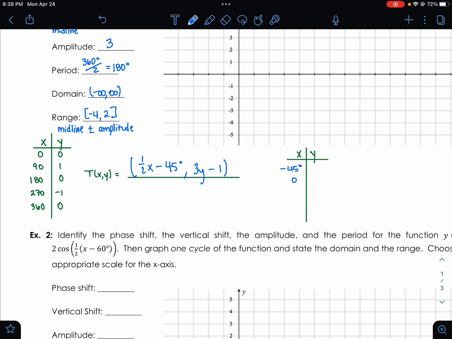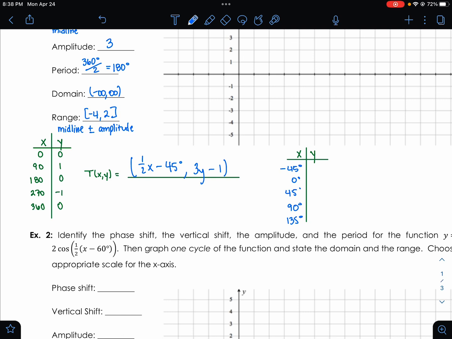Then you're going to subtract 45 from that, you get 45. Half of 270 is going to be 135, and then you're going to subtract 45 from that, and you're going to get 90. And then finally, you're going to take half of 360, that's 180, and subtract 45 from that. That's going to give you 135 degrees. And so we have our 5 x values.